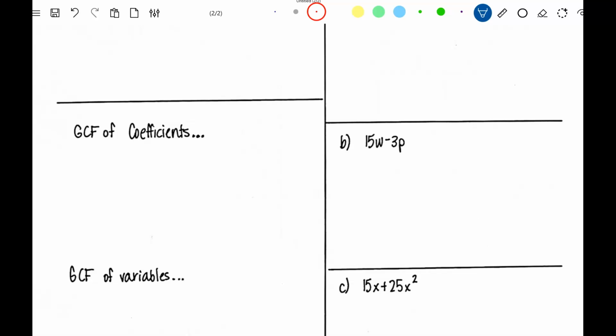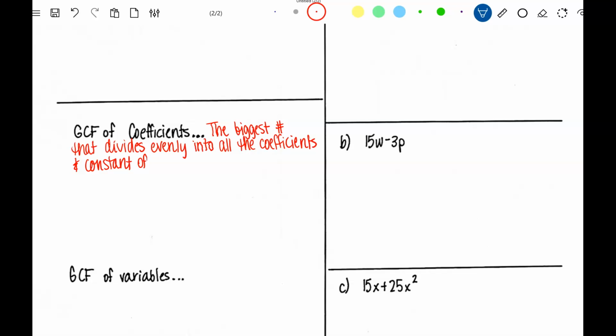The greatest common factor of the coefficients and the constant is the biggest number that divides evenly into all the coefficients and constant of an expression. So if we had 28, 24, and 14.